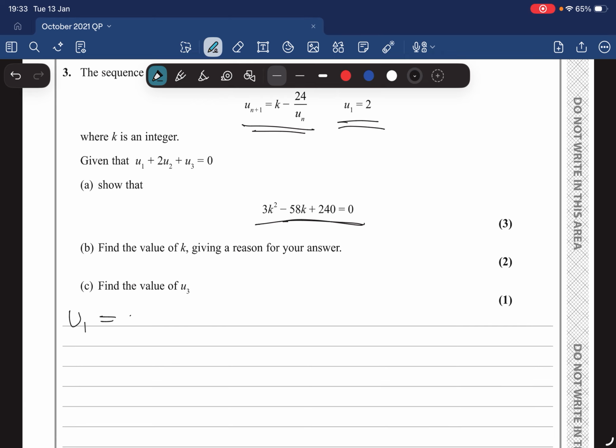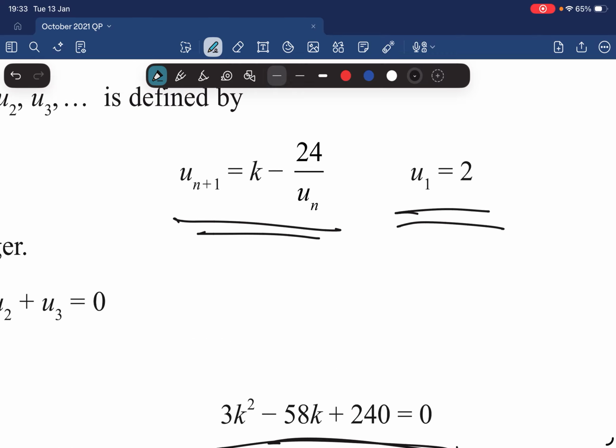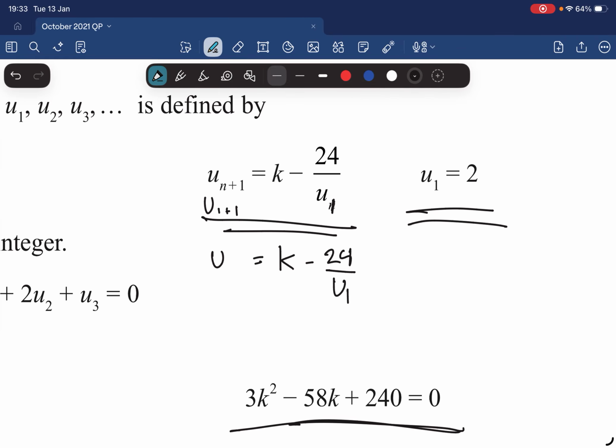If we get u1 is equal to 2, and to get the u2, we get u1 plus 1. To get that, where u1 is over here, to get u2, we would have to do k minus 24 over u1. Okay?